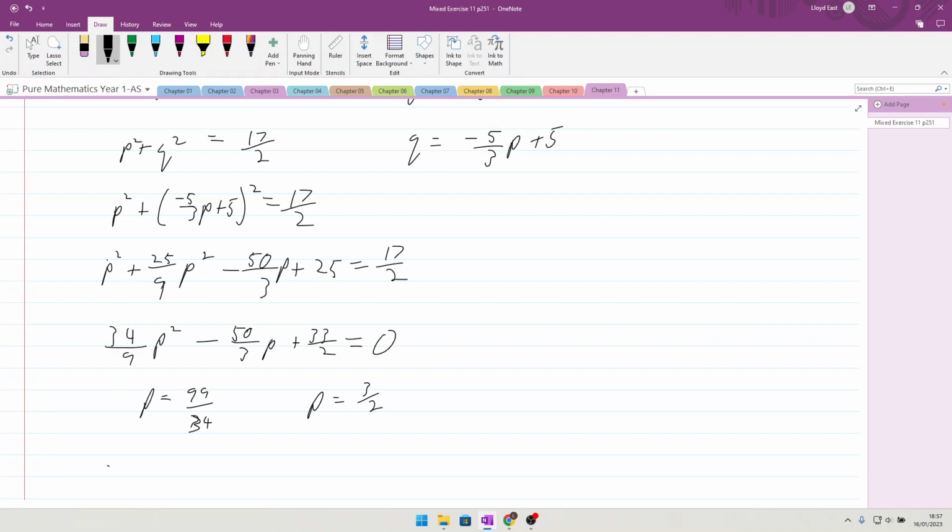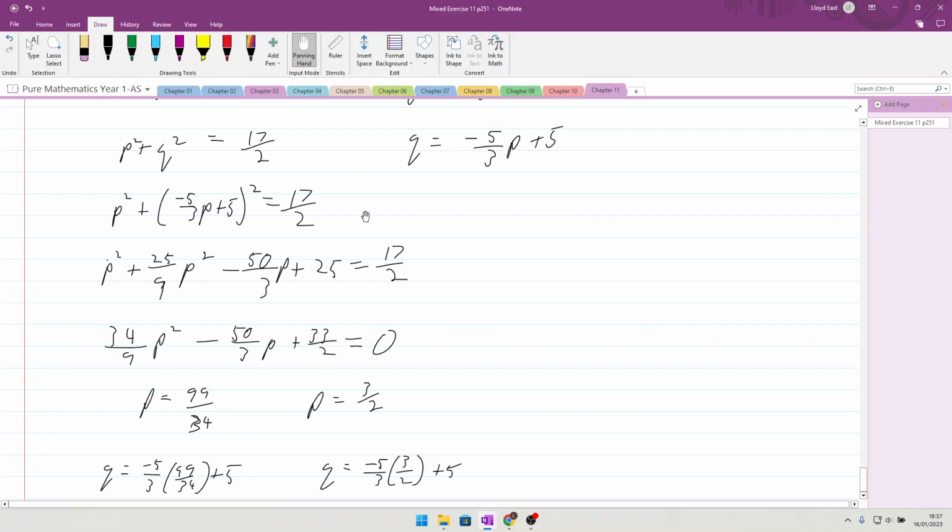Okay, so we can say q is equal to minus 5 over 3 times 99 over 34 plus 5. And we can also say that q is equal to minus 5 over 3 times 3 over 2 plus 5.